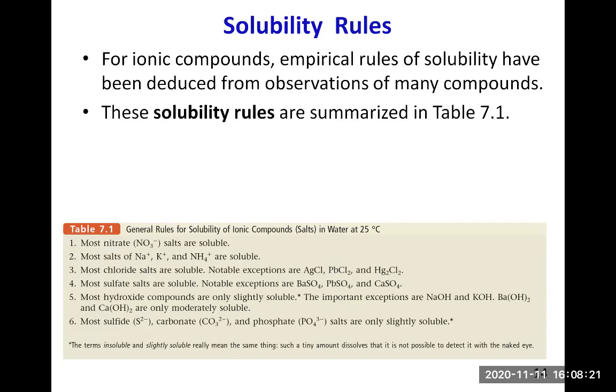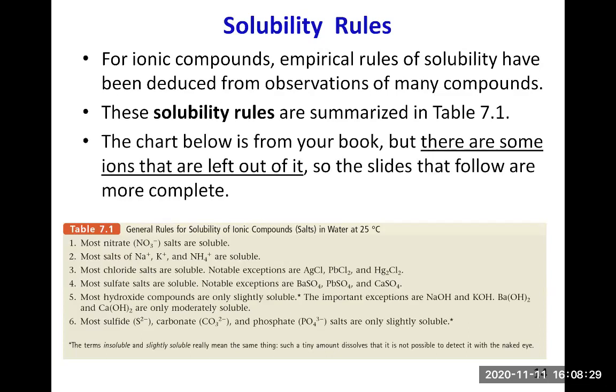They are summarized in Table 7.1 from your textbook, which is the table you see in this slide. However, the chart is from your book and there are some ions that are left out of it. The slides that follow are more complete, and we will ask you to use the other table I give you rather than the table from the textbook because it's not complete.